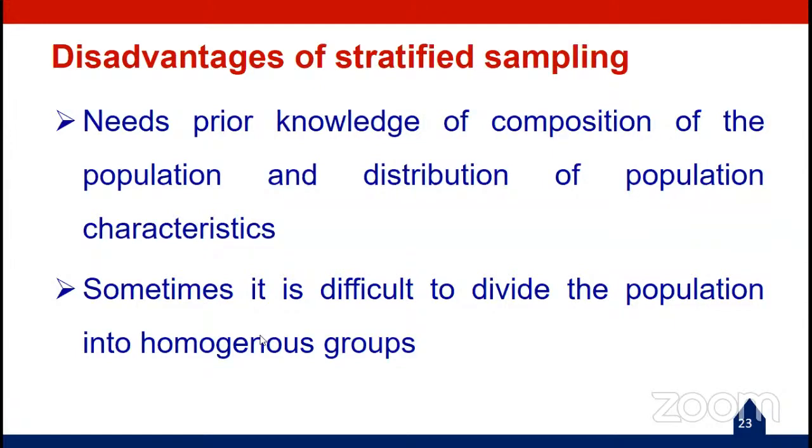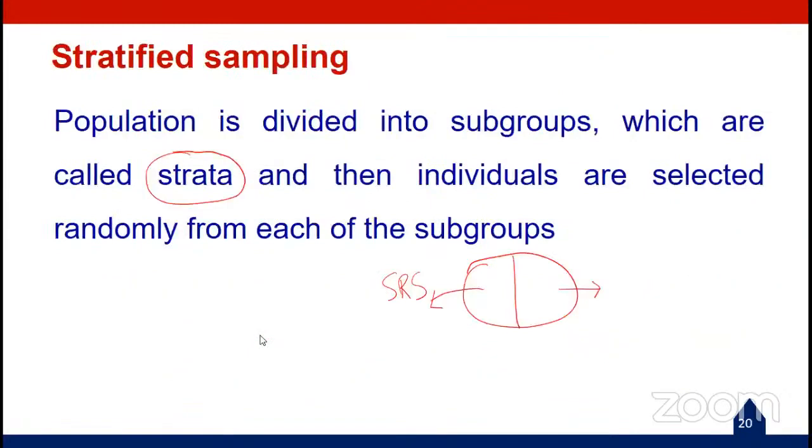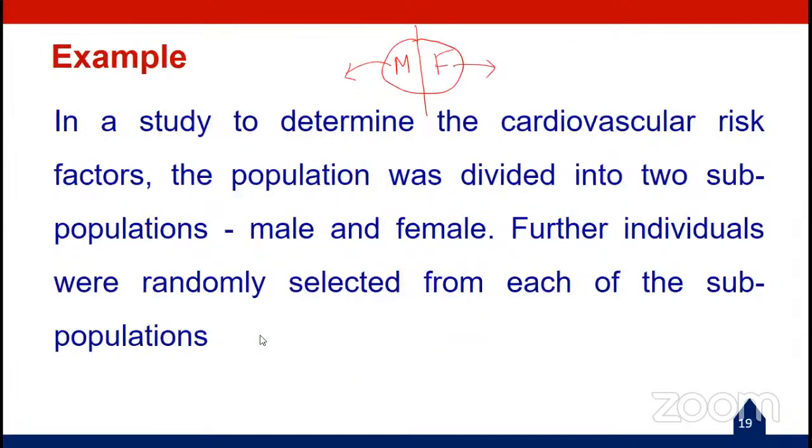In this particular example, this is our population, the individuals with cardiovascular risk factors. For performing stratified sampling, we also need additional information about their gender, that is, whether a particular individual is male or female.